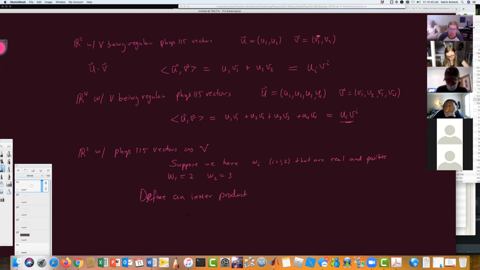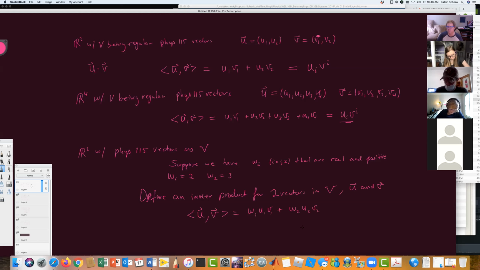We could define an inner product such that, where we have two vectors in our space V, U and V, little v, sorry, the inner product between U and V is defined as W1 U1 times V1 plus W2 U2 V2.